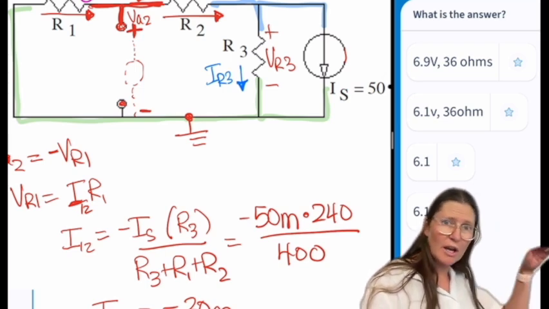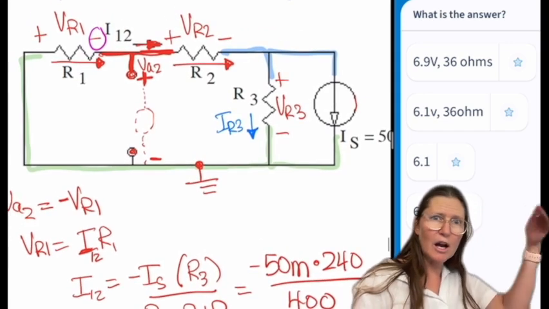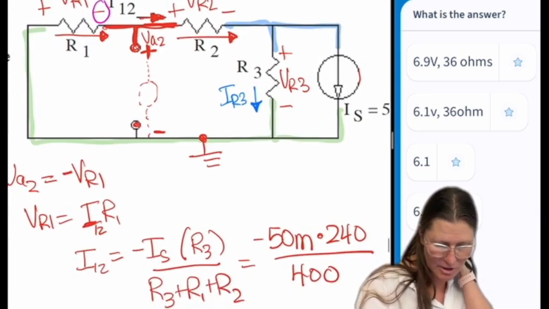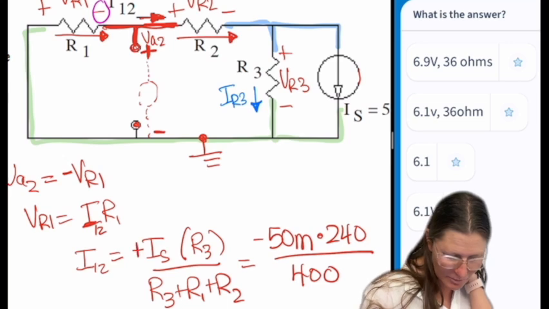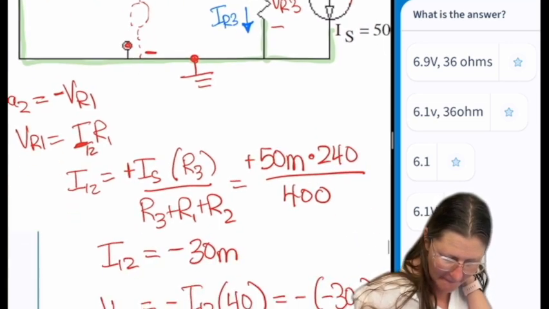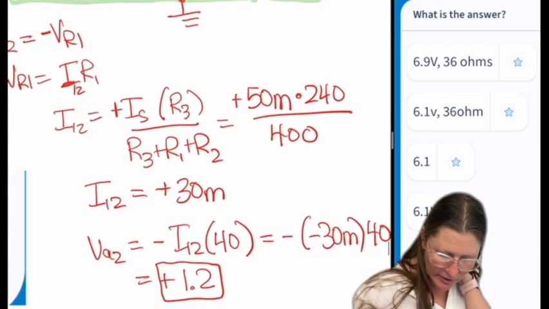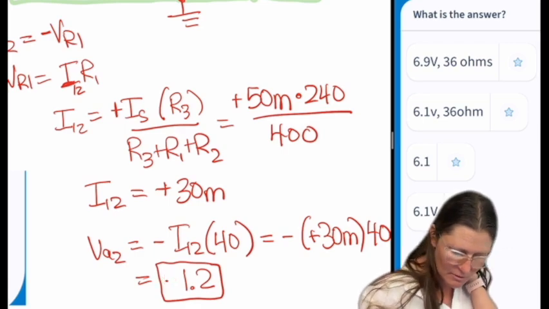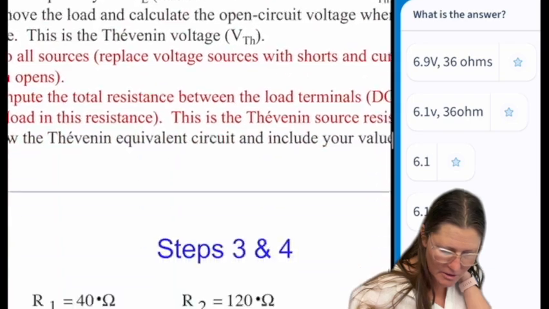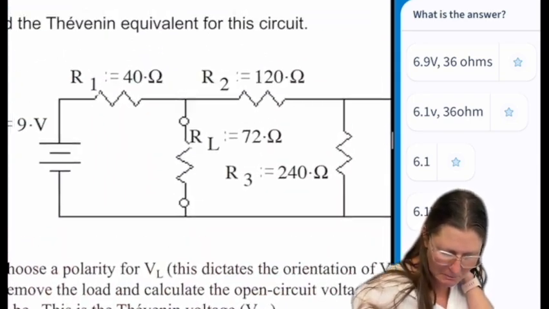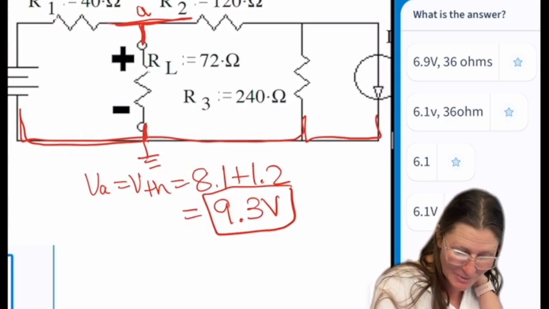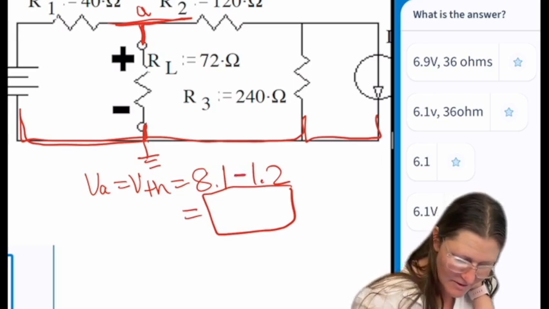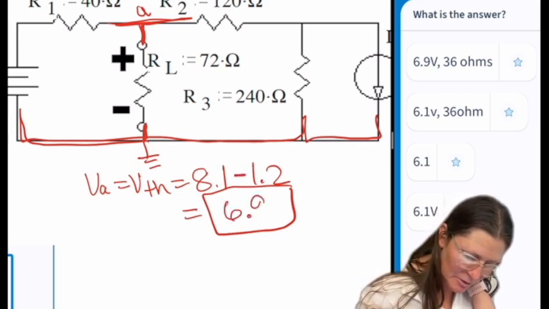So IR3, the way I drew it, would be a negative, but I12 will go in and then it goes down, so it actually is a plus, sorry. So this is a plus. So this ends up being a minus 1.2, there we go, 8.1 minus 1.2. So 6.9 volts.